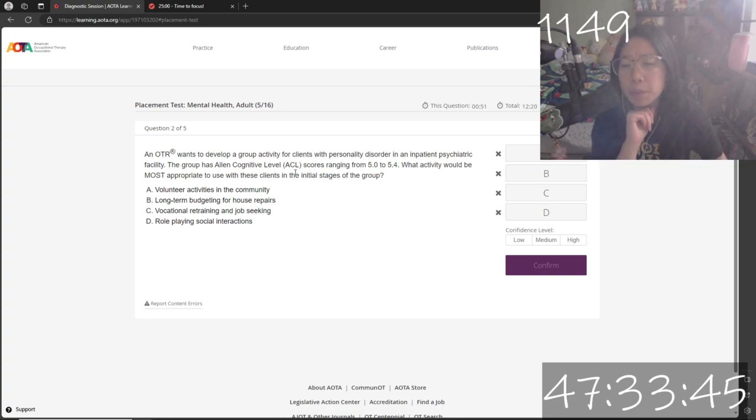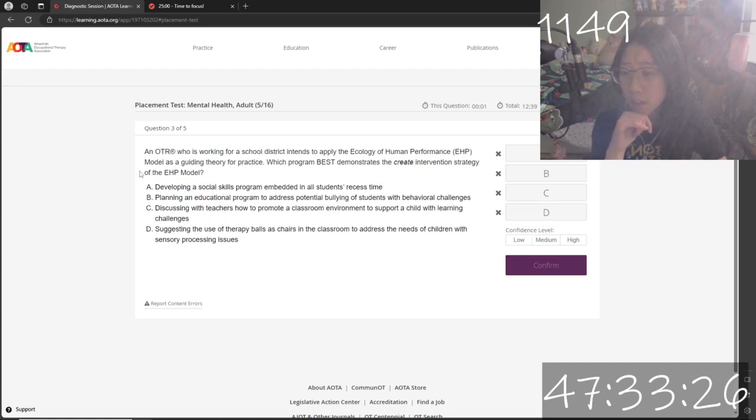I don't think it would be B. I think C is too. C is like much later down the line. I think it's D because it's saying initial stages, and before you gotta do anything, you gotta learn how to interact with people. So I think it's D. Medium confidence.